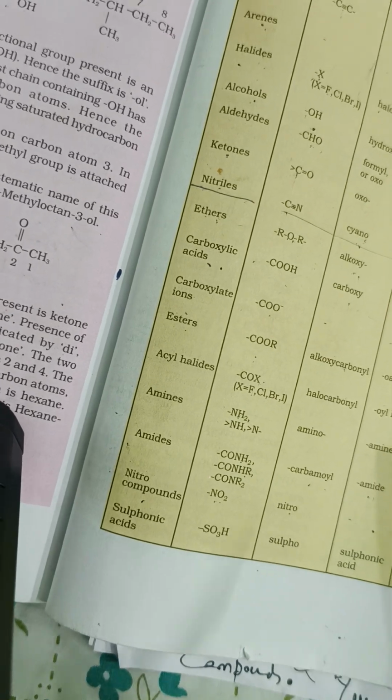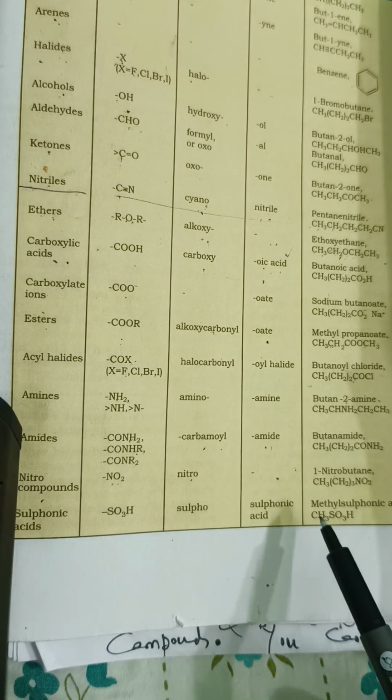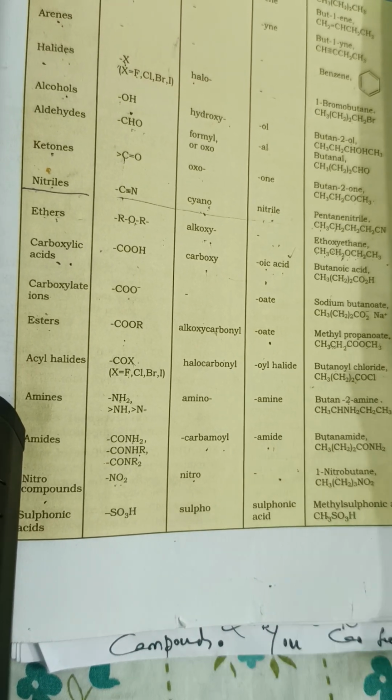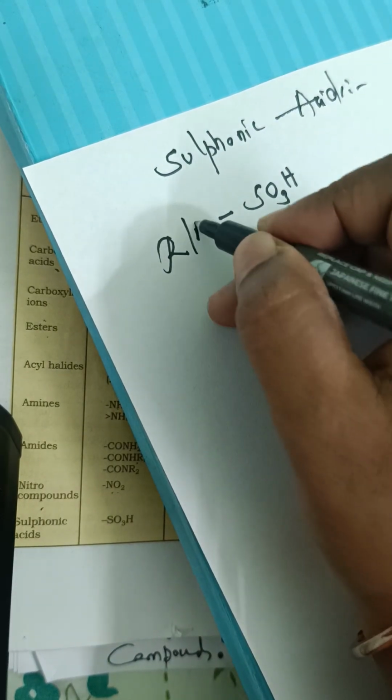See here, the example given here is methyl sulfonic acid. In sulfonic acids, SO3H, that means here alkyl or aryl groups may be present.